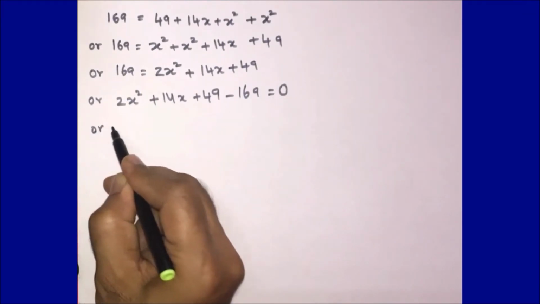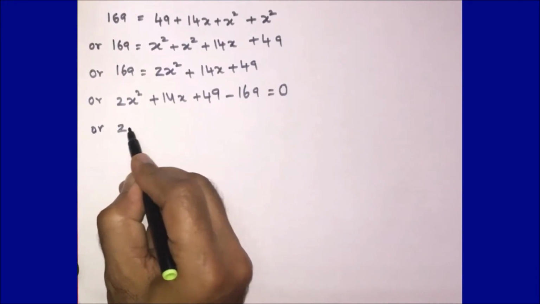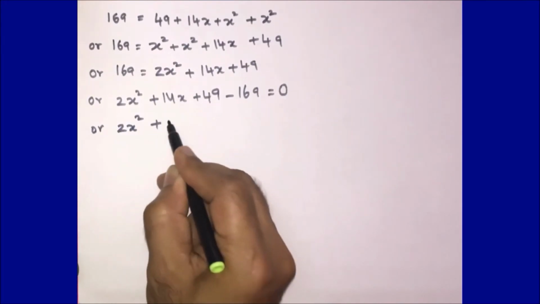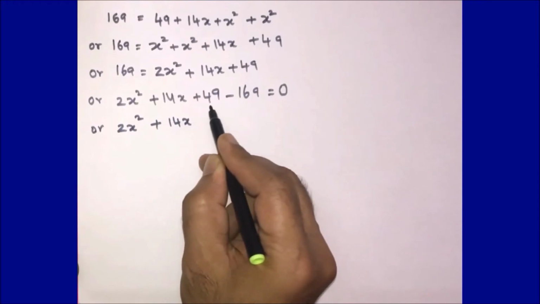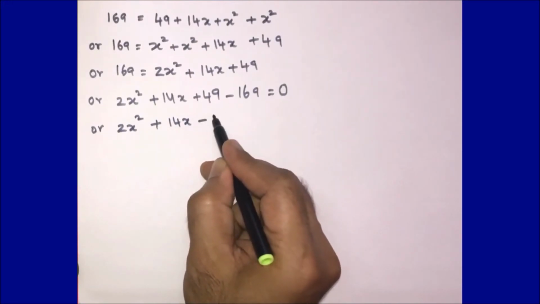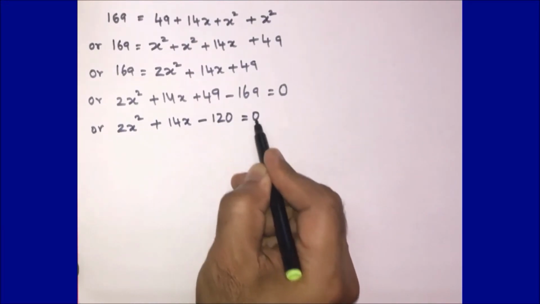So now let us further solve this. We are getting 2x to the power 2 plus 14x plus 49 minus 169, which is minus 120, is equal to 0.